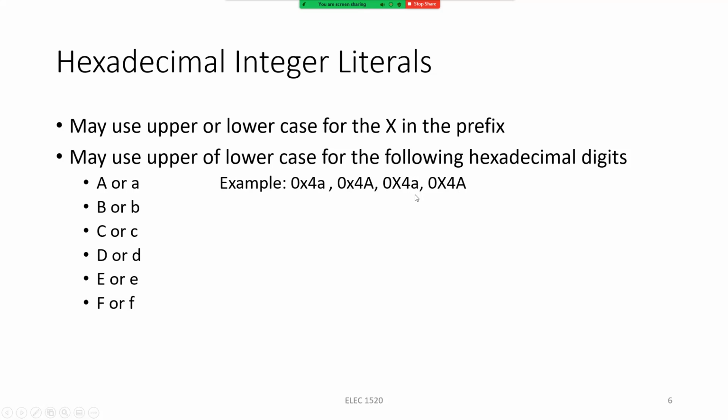So pick a style and stick with it. Just remember that the 0x says whatever follows is written in base 16 hexadecimal, and any of the hexadecimal symbols A through F can be upper or lower case.